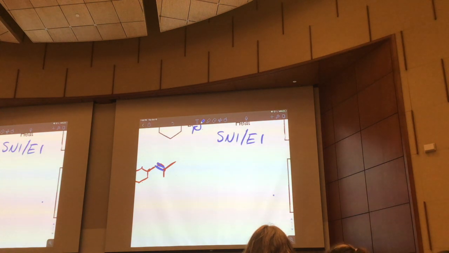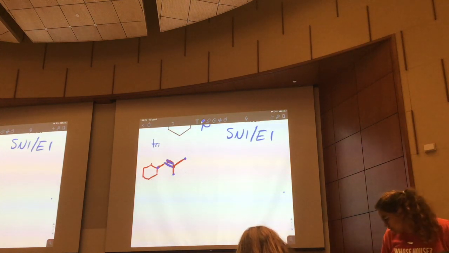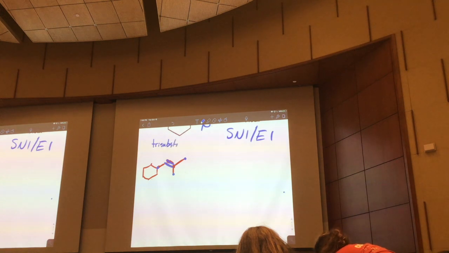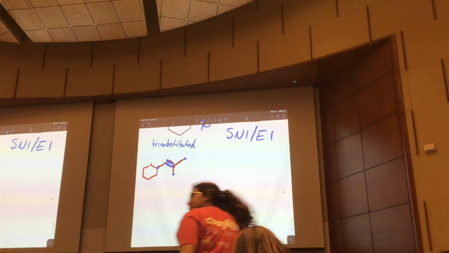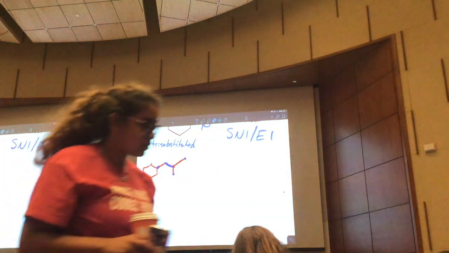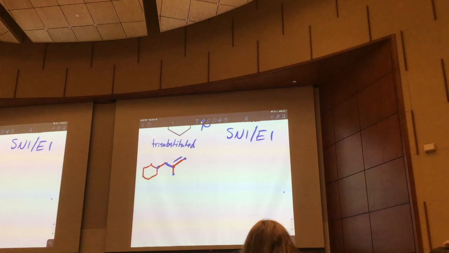All you care is that they're not hydrogen. So we have 1 group here, 2 groups here, 3 groups here. This is tri-substituted. And that's going to be pretty stable compared to the alternative.